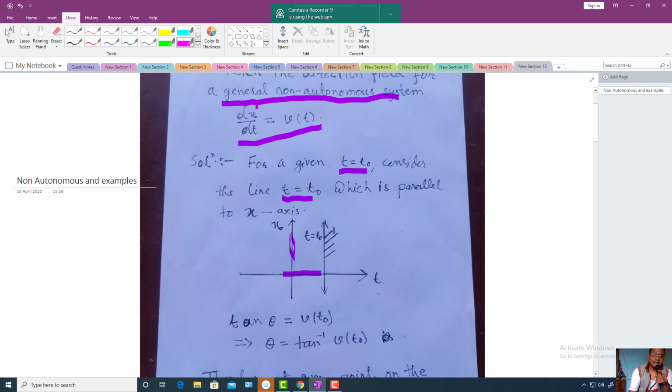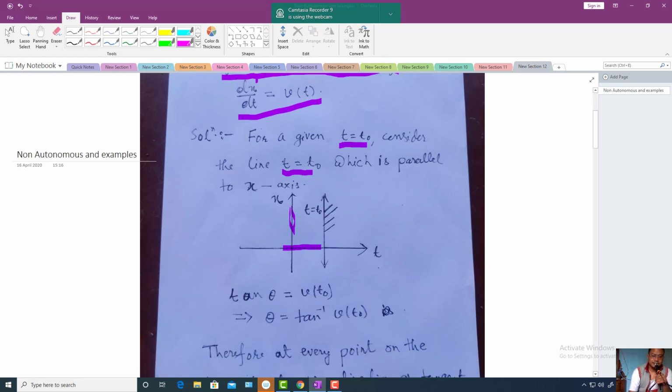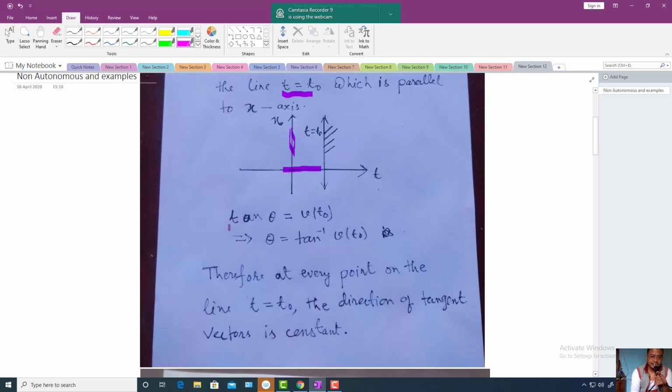Then what is tan theta? At any point of this line, tan theta is equal to V of t naught. It is fixed, it is constant. Then theta is equal to tan inverse of V of t naught.